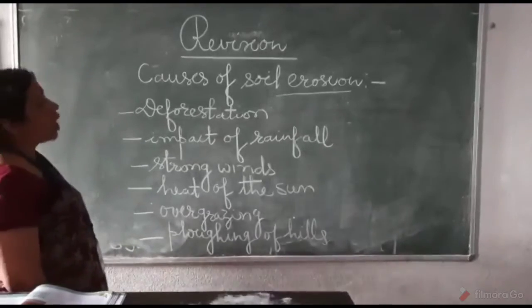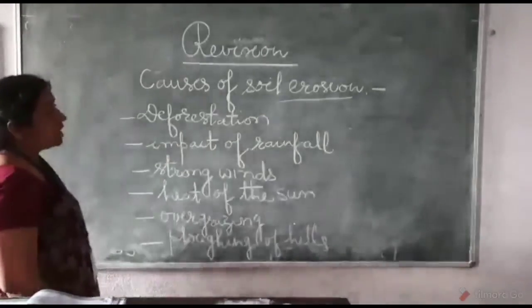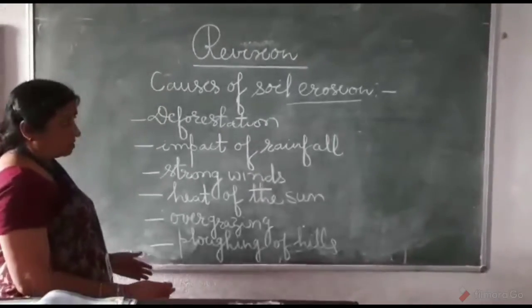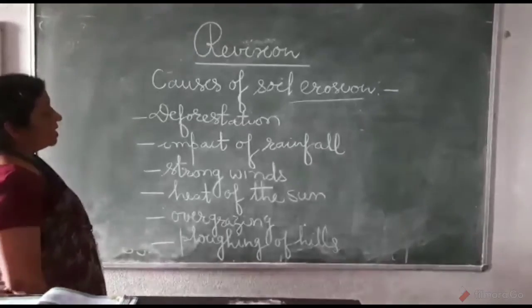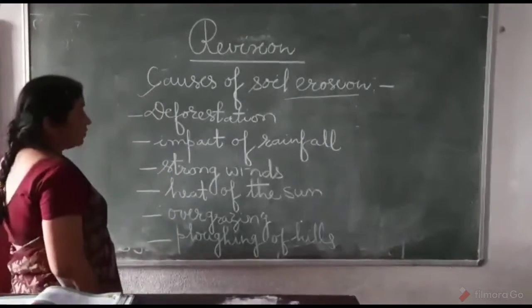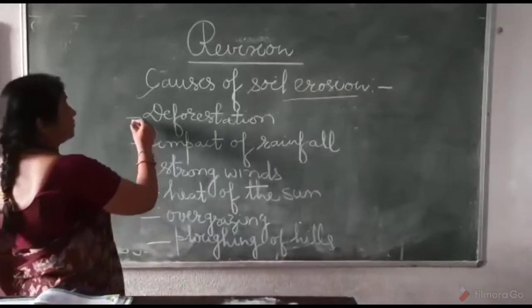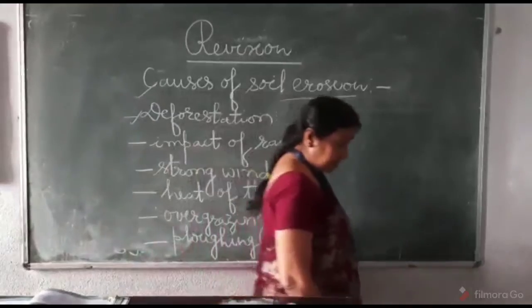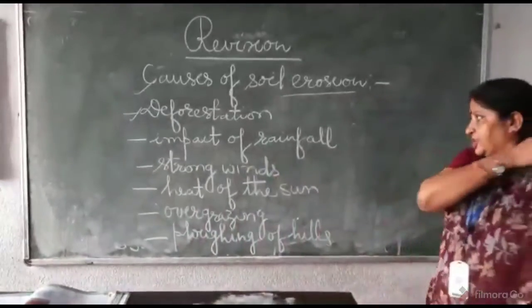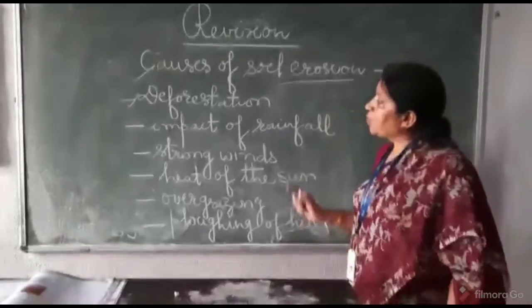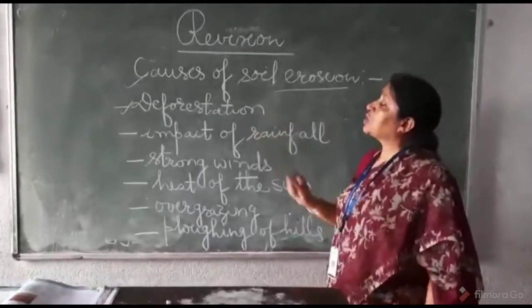So if the topsoil is eroded, it becomes very bad, because when we see the causes of soil erosion, we must talk about deforestation. All of us know that deforestation means cutting down of trees on a large scale, and the roots of the trees bind the soil.